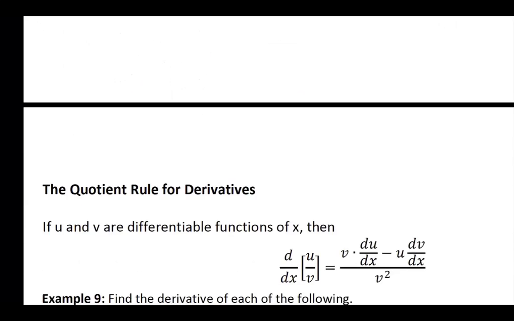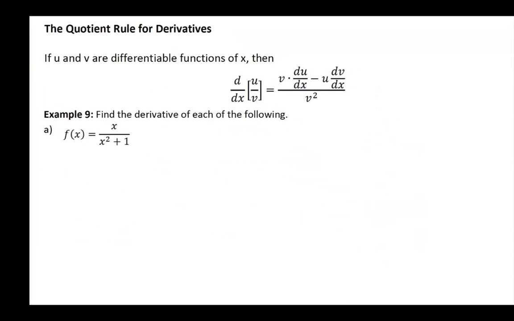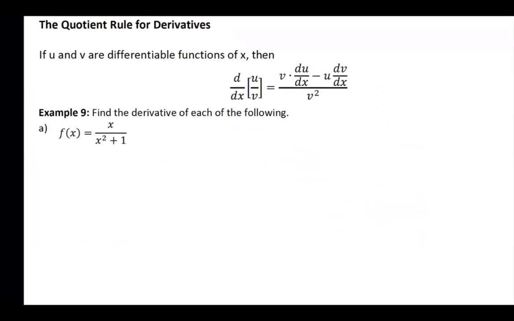So the other rule, obviously, if there's a product rule, there has to be a quotient rule. Quotient's just the opposite of product. Product is multiplication, quotient is division. So if we have a division problem, something divided by something, we can always use the quotient rule. Find the derivative of each. So this one has a different rule.